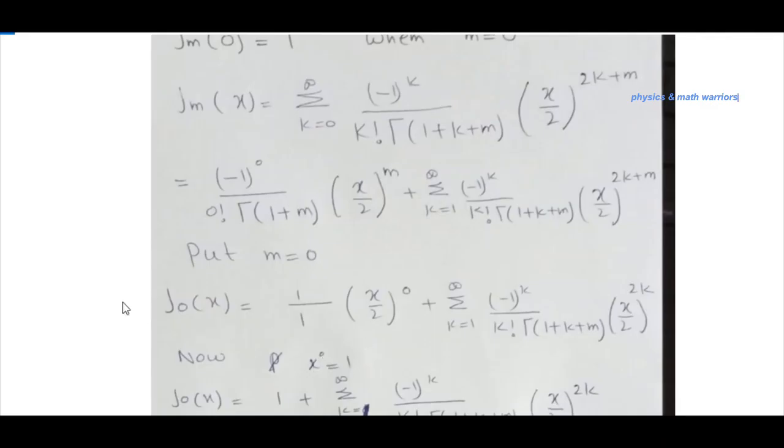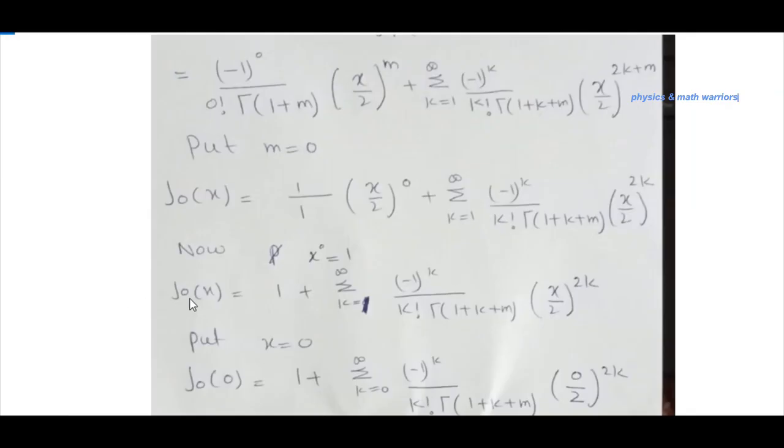So the above equation becomes J 0 of x is equal to 1 plus the summation k equal to 1 to infinity of minus 1 raised to power k over k factorial gamma of 1 plus k plus m, times x over 2 raised to power 2k.